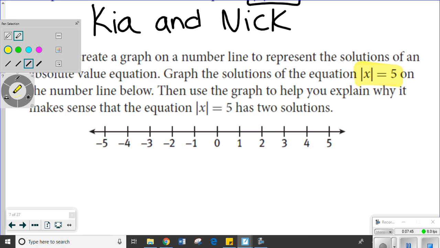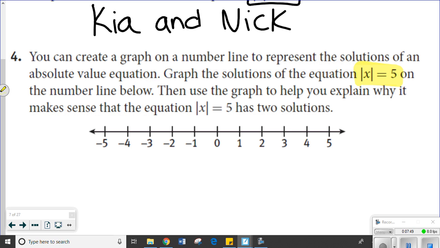We're going to graph that on this number line. And then we're going to explain why it makes sense that this equation has 2 different answers, or 2 different solutions.